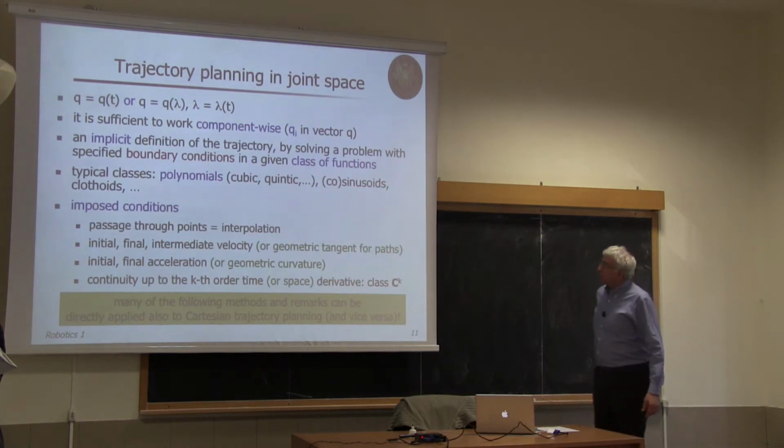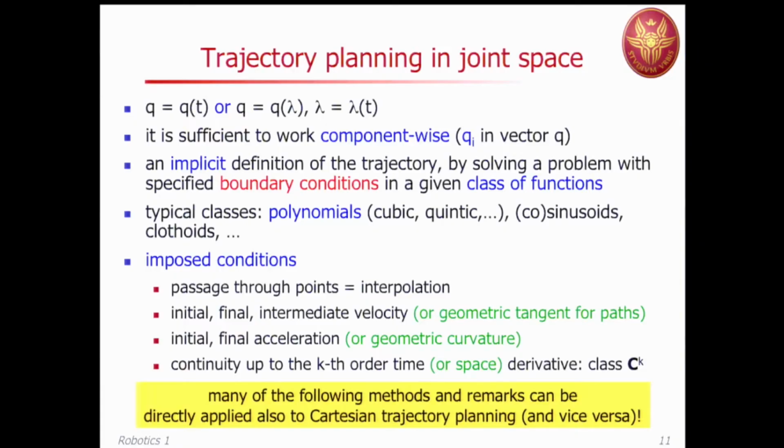We mentioned that the other basic concept is this separation of the geometric aspect of the trajectory, which is the path that the end effector or the joints should trace, and the timing law associated to this motion. Okay? And now we will see some examples.